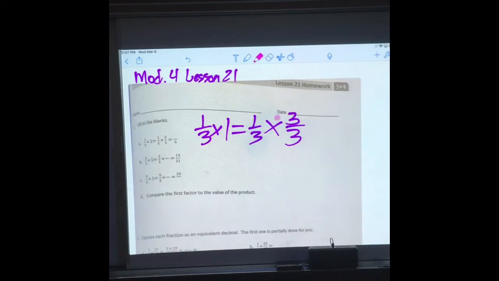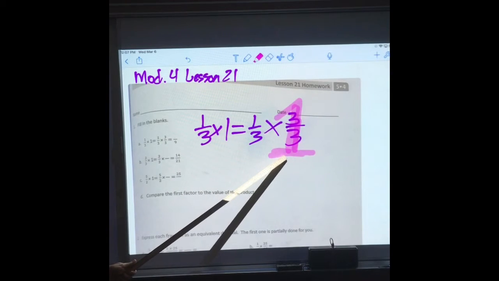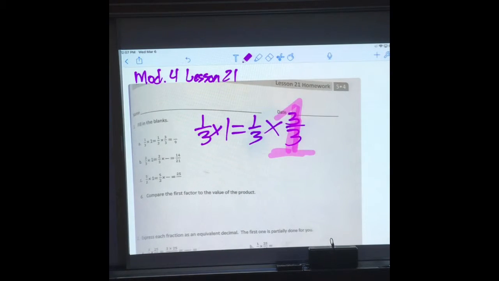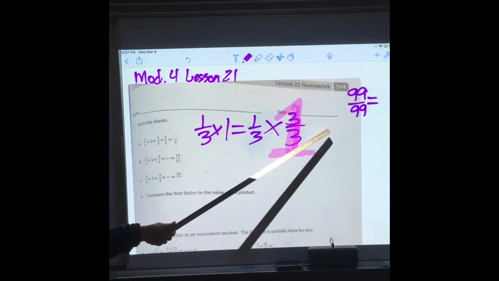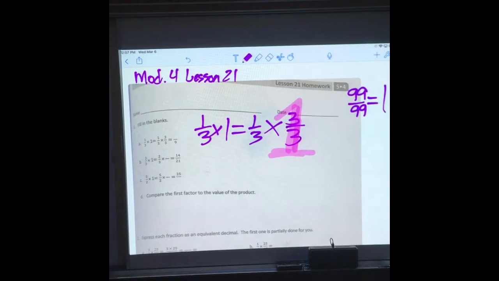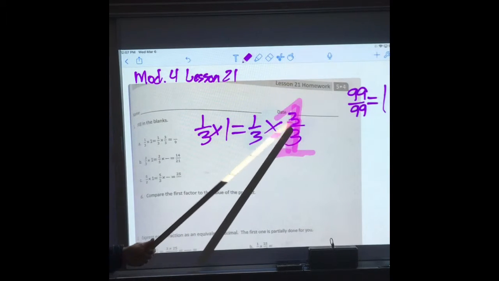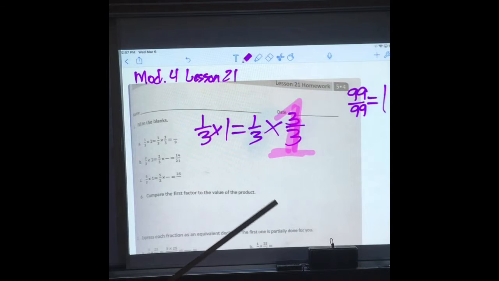Because if you remember, this would be 1 whole, right? 3 over 3. Also, just a side note, what if I had 99 over 99? That would equal what? 1, right?